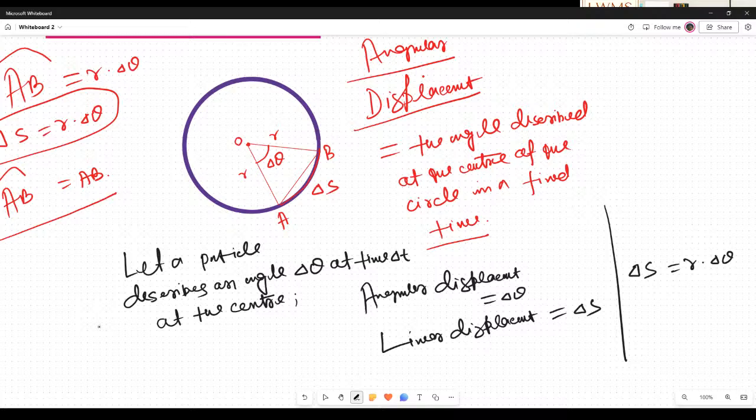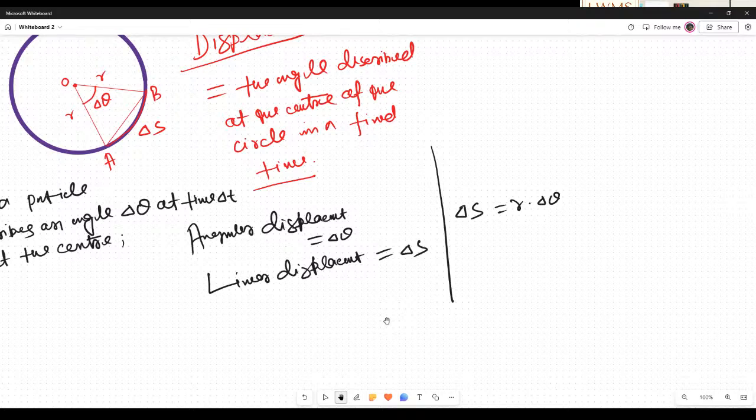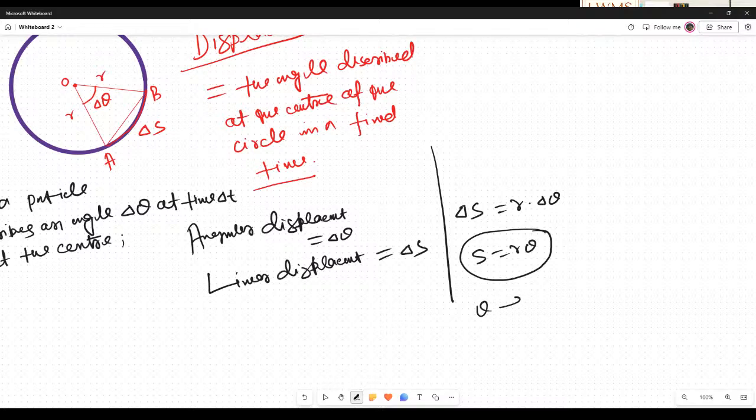Okay, delta s is the linear displacement, or you can write s equal to r theta. In the sense of motion in 1D, what we have learned, displacement is equal to radius into theta. The unit of s and r is the same. Theta should be expressed in radian. Okay, it is actually not equivalent to the linear displacement. Please keep this in your mind.